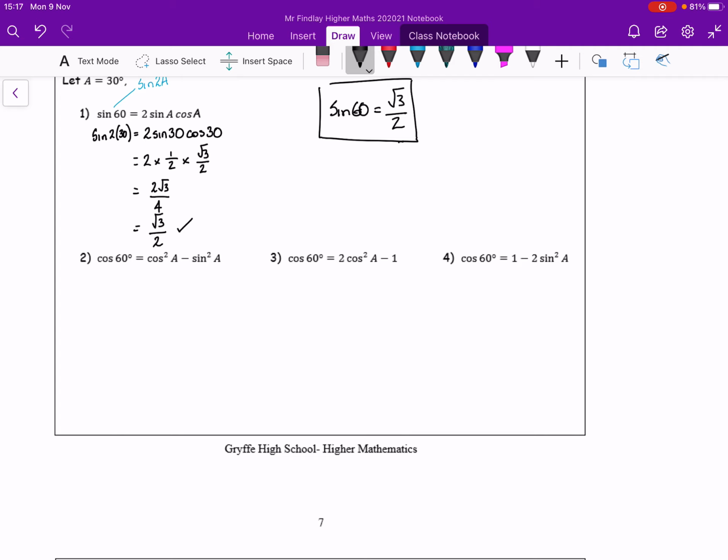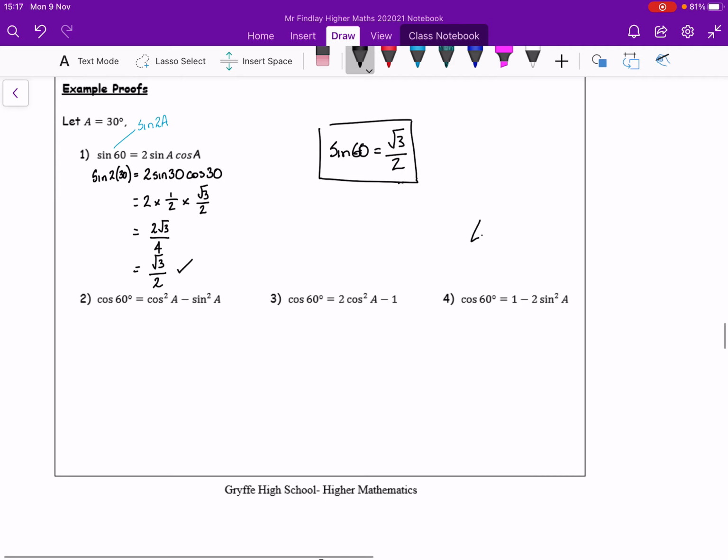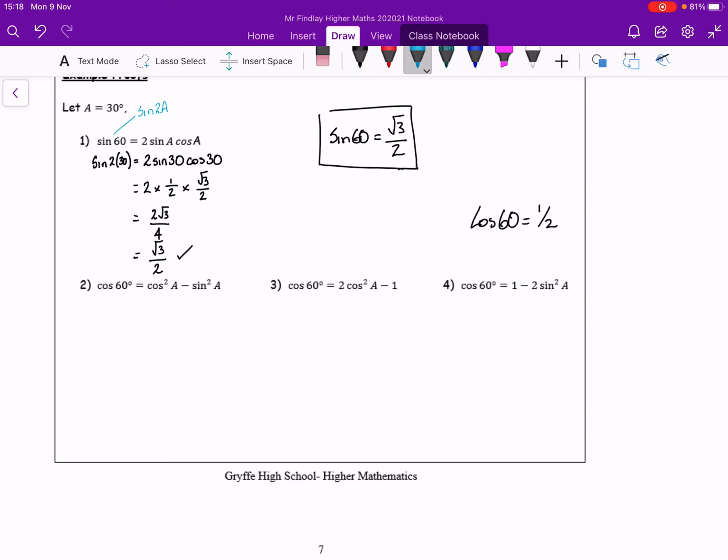Okay, next up, cos 60. Cos 60 we know is a half. That's one of our exact values. So again, if we consider this as cos 2A, we would consider this as cos of 2 lots of 30. And that's equal to cos squared 30 subtract sin squared 30.